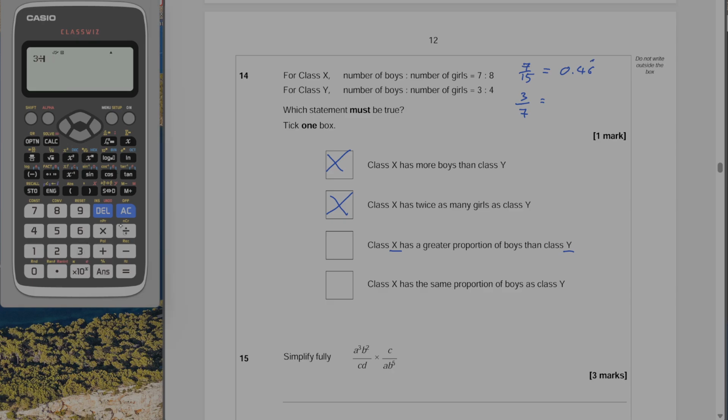And then for the other one, 3 divided by 7 equals 0.428 dot, dot, dot. So we have a greater proportion of boys in class X than Y. Class X has the same proportion. So that's going to be our statement.